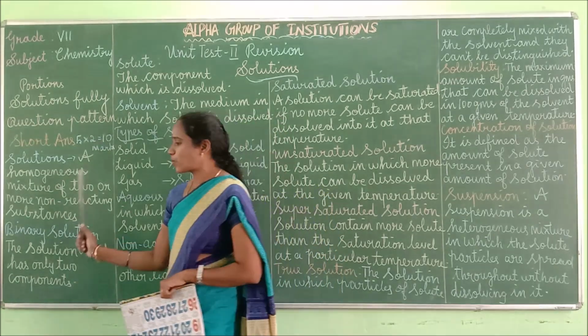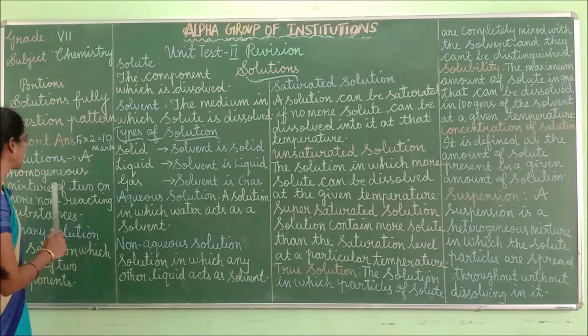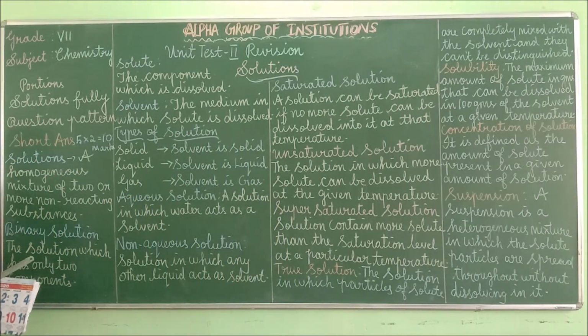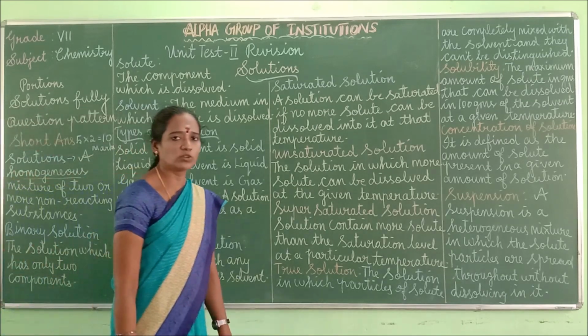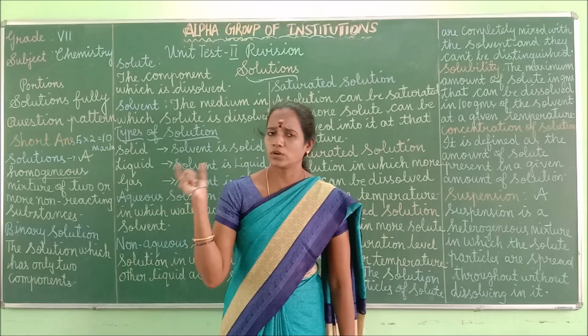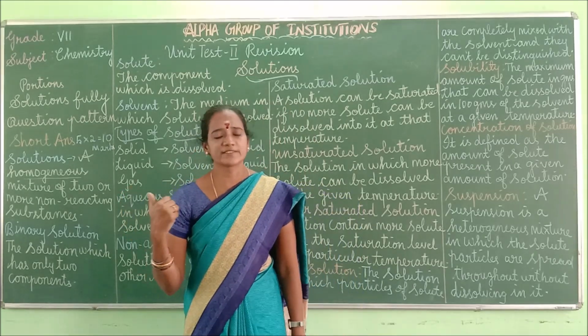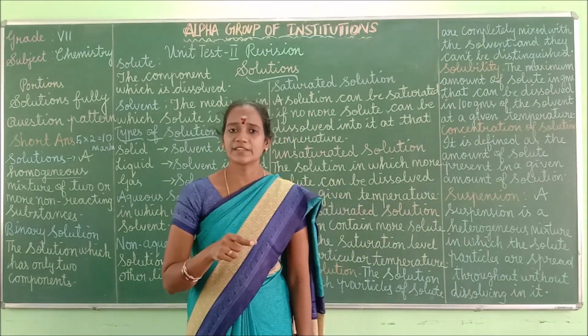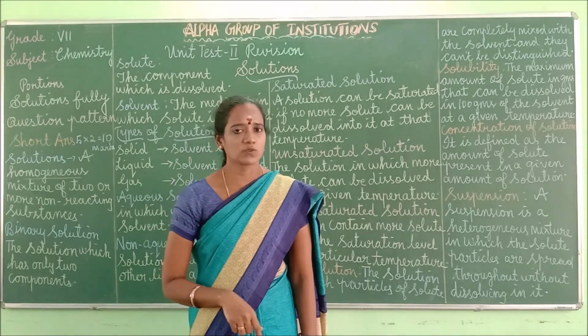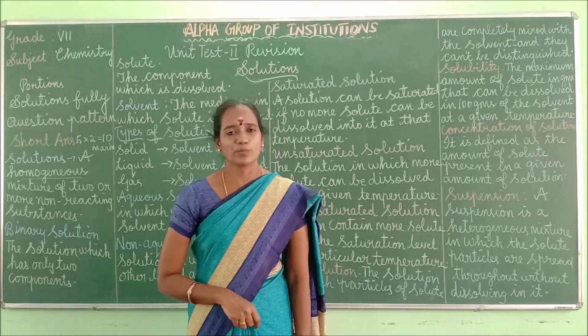So this part is very important. A solution is a homogeneous mixture. You have to underline this one. Homogeneous. And during this unit test time, you have to concentrate on your presentation also. That is also very important.